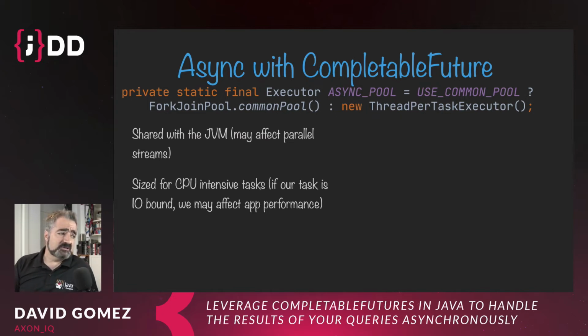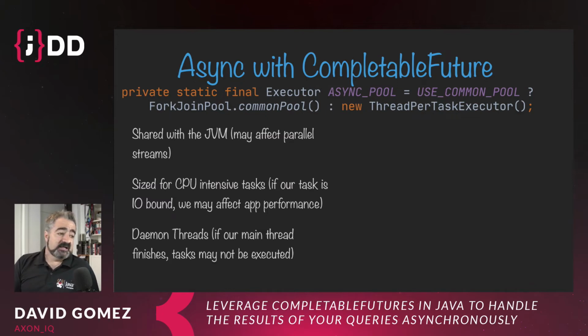And this is because the common fork join pool is usually sized to get the most of our system, considering that the kind of tasks that we are submitting to be run in the common fork join pool are CPU intensive. That means that if we make our worker thread sit and wait until some network call has finished, we will be delaying any other task that was submitted to the common fork join pool because there are no more threads available.